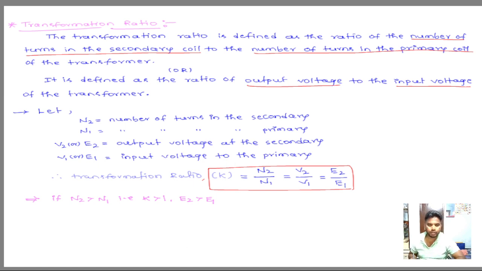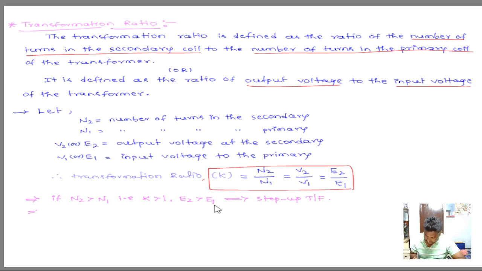Remember, when N2 is greater than N1, the transformation ratio is greater than 1, and E2 is greater than E1. Then the transformer is called a step up transformer. Remember, this is also important.